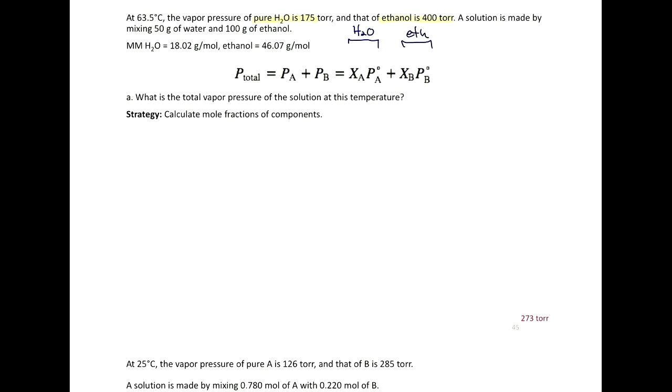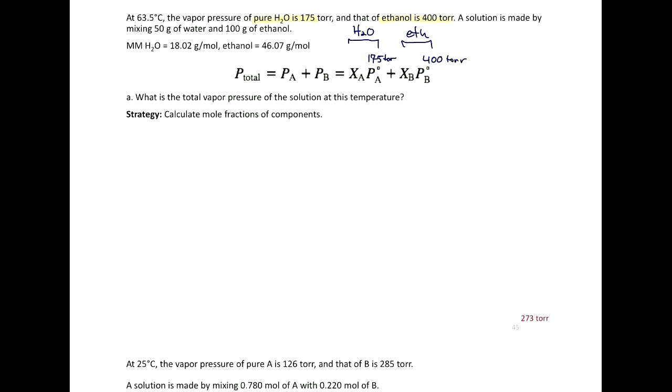This question already gives you the P naughts, where P naught A is the pure vapor pressure of water, so this number is 175 torr. And P naught B, the pure vapor pressure of ethanol, is 400 torr.